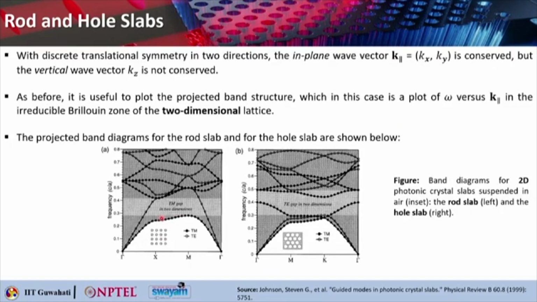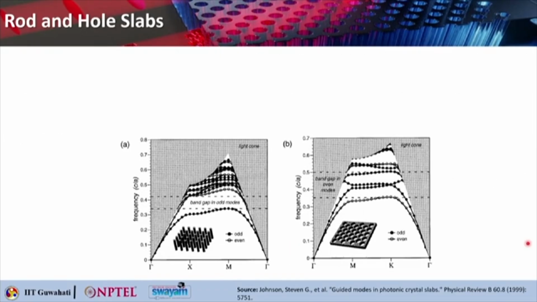In the previous case, you could see that you are able to get a TM band gap in 2 dimensions for this kind of rod slab, and you are able to get a TE band gap in 2 dimensions when you have this kind of hole slab. But when you consider the third dimension, that is a finite thickness of the rods or the hole slab, that is where things become critical.